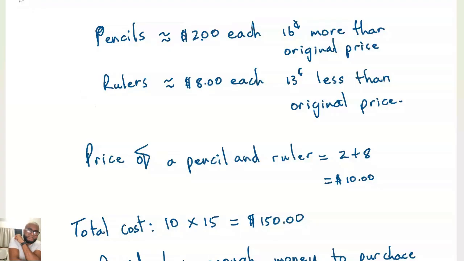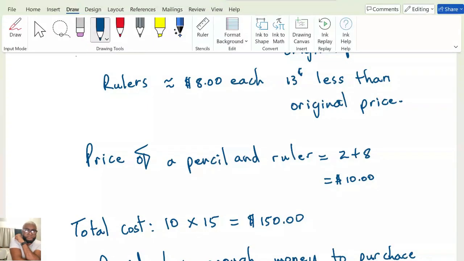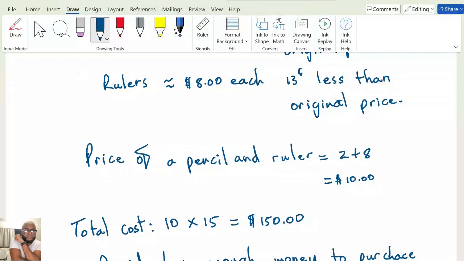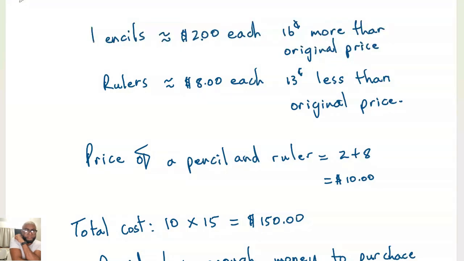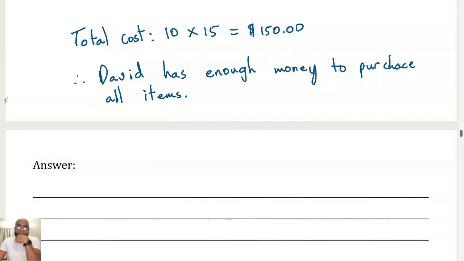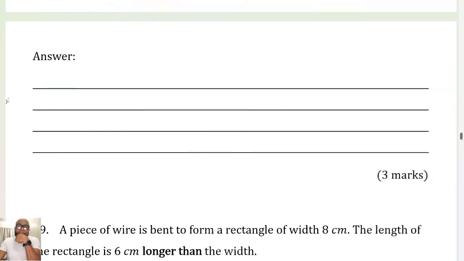Let me fix this one time. Pencils are approximately equal to 2, etc. So David does have enough money to purchase all the items.